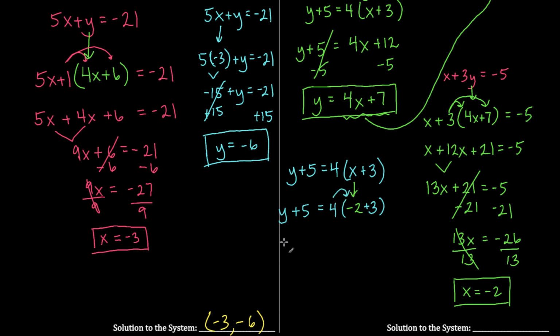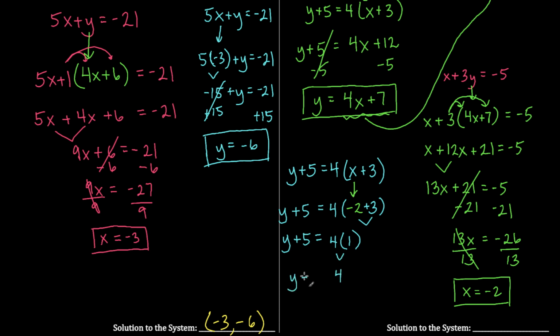Let's just write this down first. Oh, I don't even have to do that. I'm just doing PEMDAS, order of operations. So I can just write y plus 5 equals negative 2 plus 3, which is positive 1. And then I get 4 times 1, which is 4.